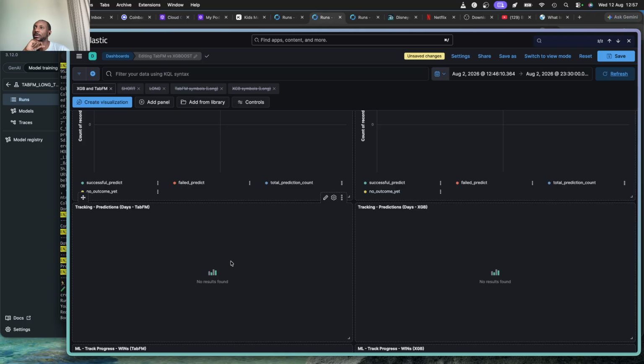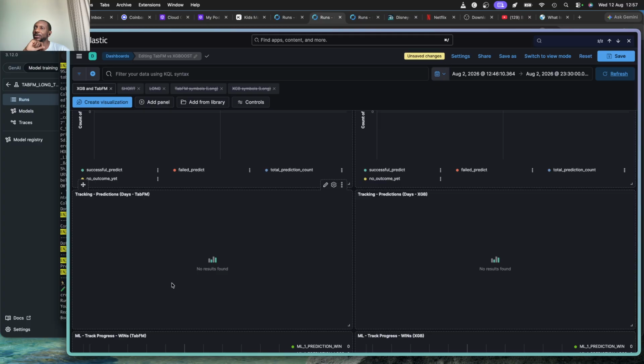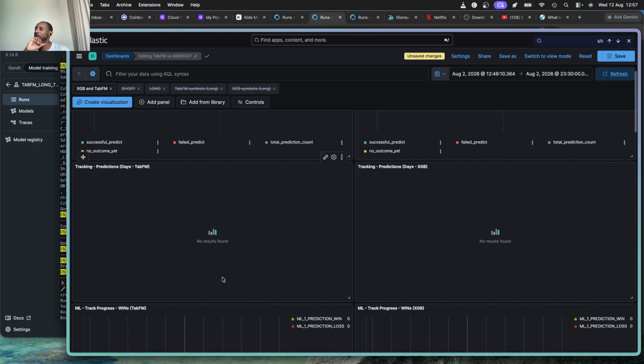Okay, same thing here. Here we're also tracking the good match: did we have a good prediction, but over time, like in the time series layout, so we can see how that unfolds.